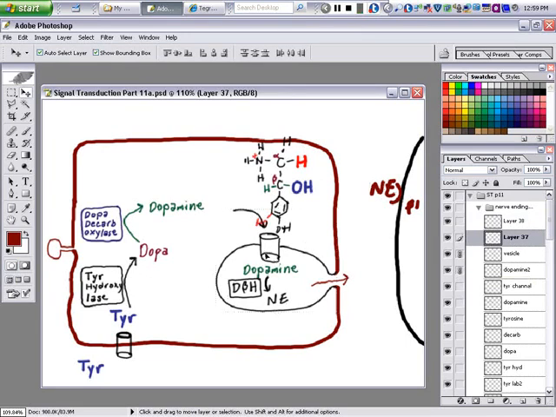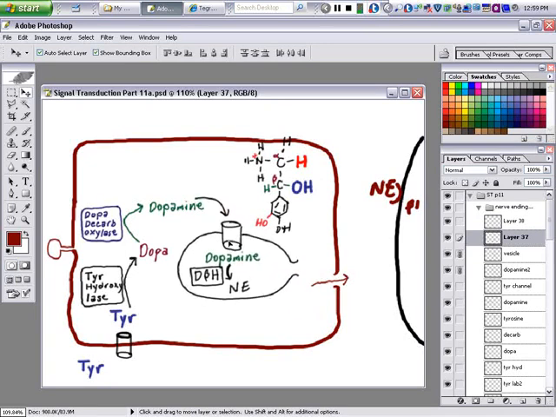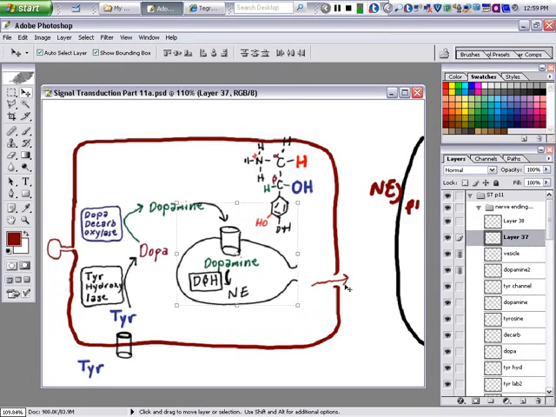Then it's going to come back. The vesicle is going to come back. And then everything else is going to just close back up. Your membrane is going to reclose, and then your vesicle is going to close back up.